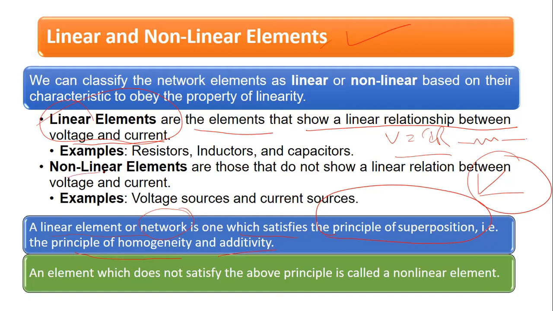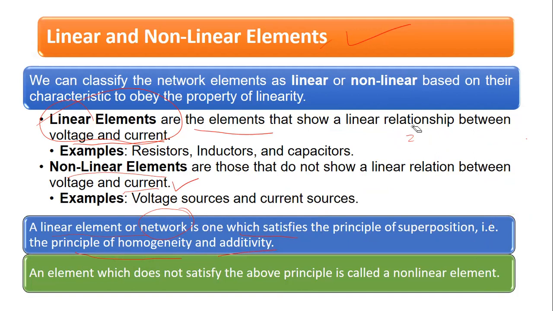Similarly, the non-linear elements are those wherein we do not have a linear behavior between the voltage and current. In such systems, what do we have? We may have a relationship wherein, if we draw the graph between voltage and current, it would come out non-linear, like this or something like this.